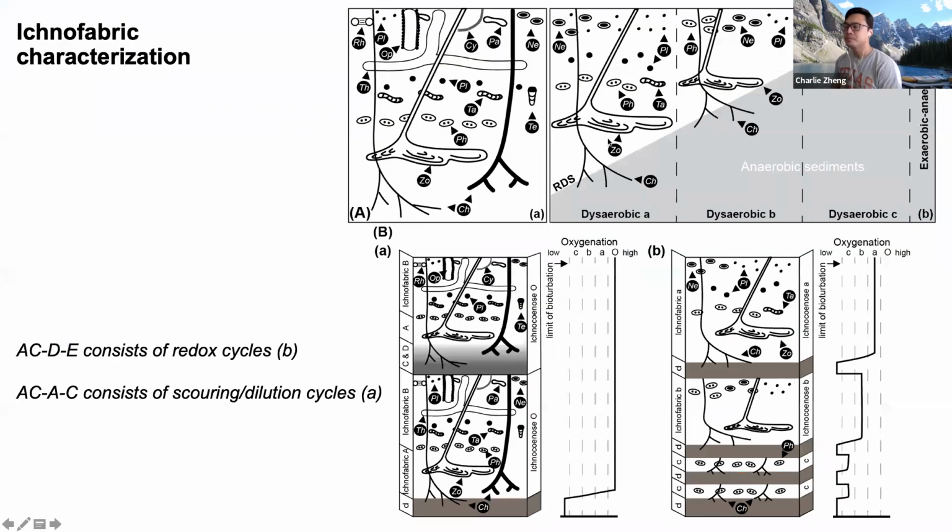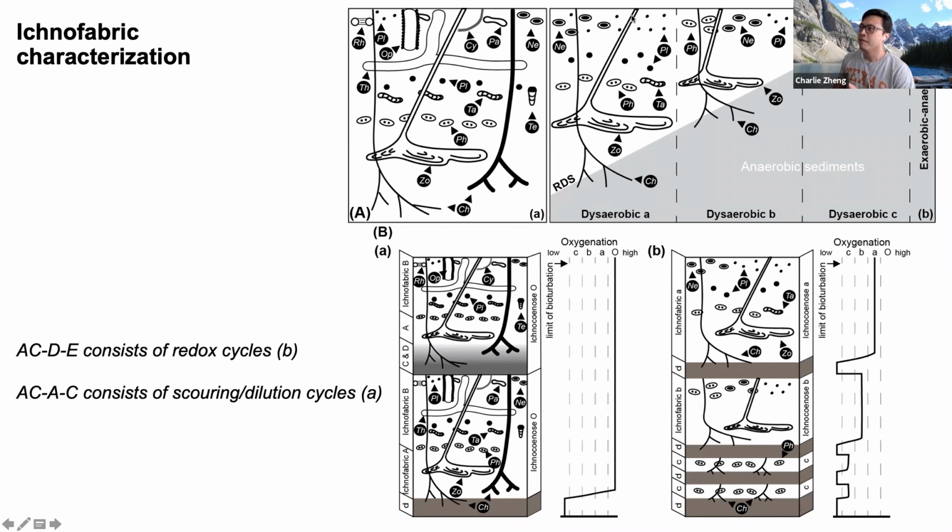So now we have this tiering diagram, with deeper tier and shallower tier, and this is an example for the fully oxygenated setting. This tiering structure changes along with the oxygen concentration in the substrate.